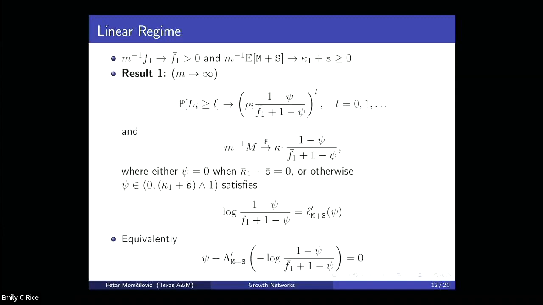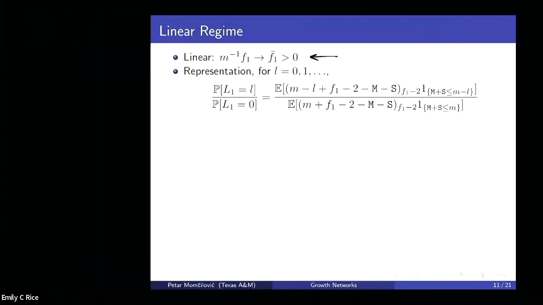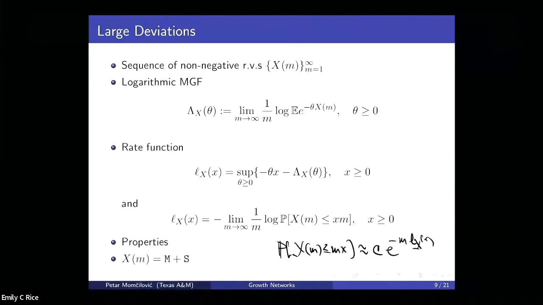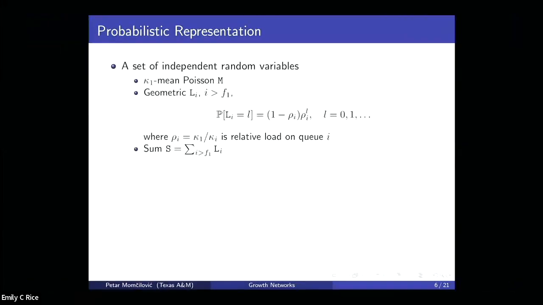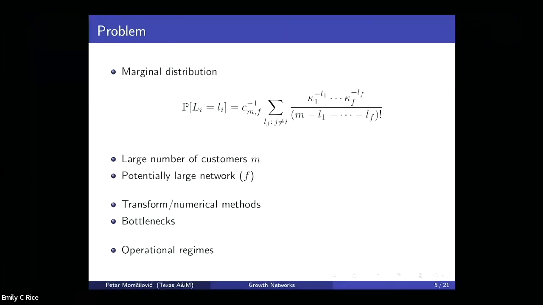Could you solve it also by just using flow conservation in this limit? The answer is no. You couldn't do it, because the only thing flow conservation would do is bring you back to dealing with this sum.